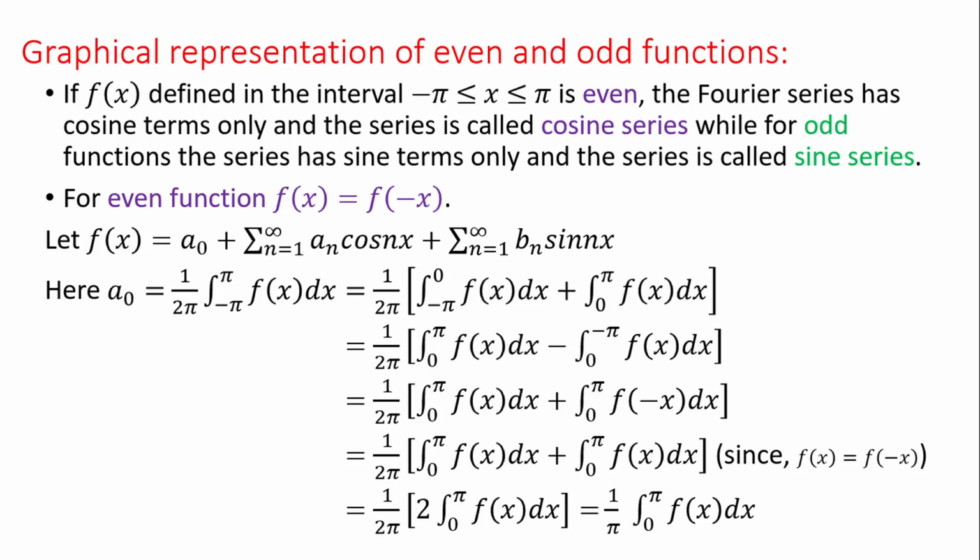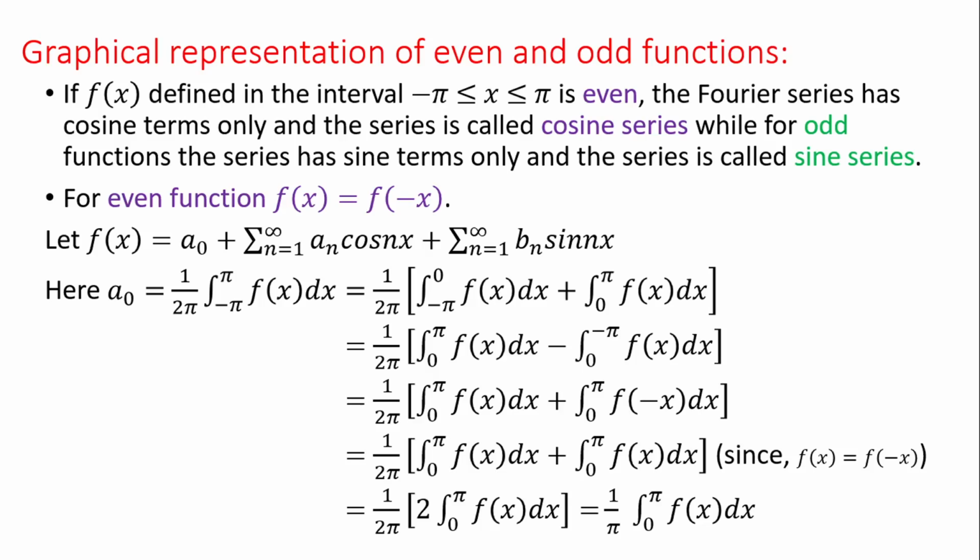Let us evaluate the value of the Fourier coefficient an. We know that an has a value given by 1 by pi [integral] minus pi to pi f(x) cos nx dx. Again, the interval minus pi to pi is divided into two separate intervals, minus pi to 0 and 0 to pi.